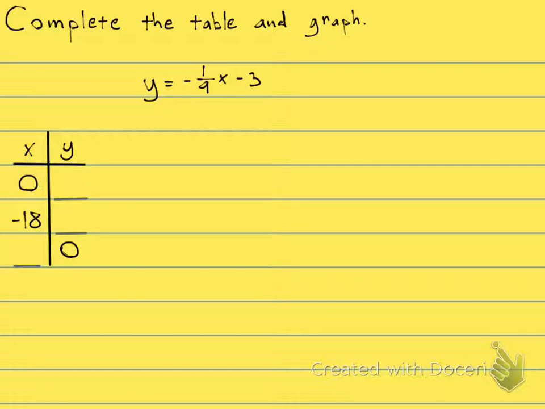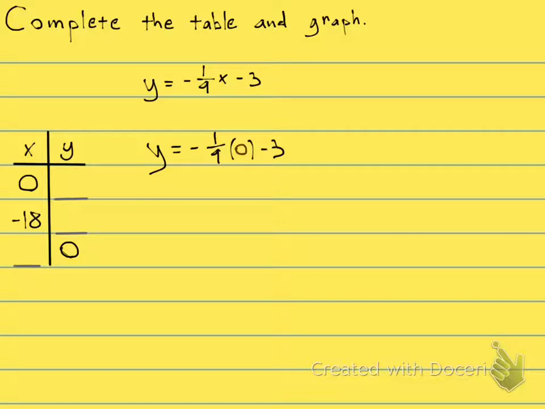So we will rewrite the equation here, y equals -1/9 x minus 3, but instead of the x, we are plugging in a 0.